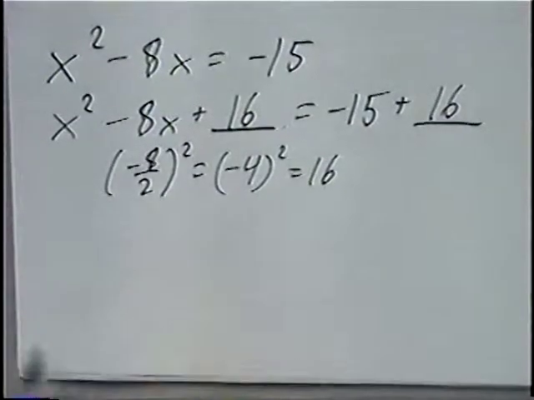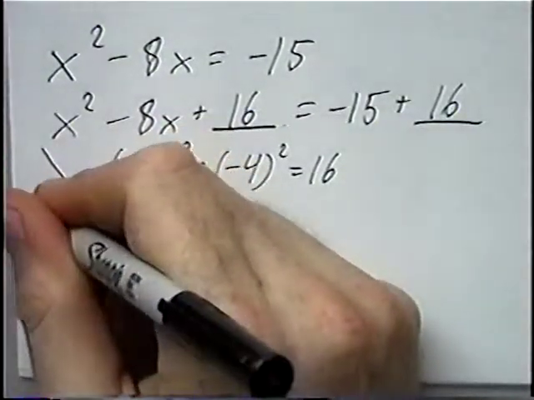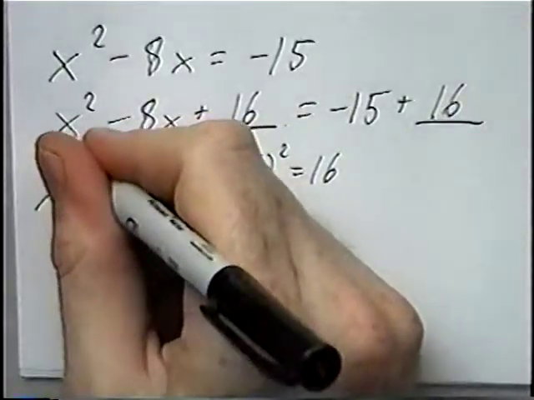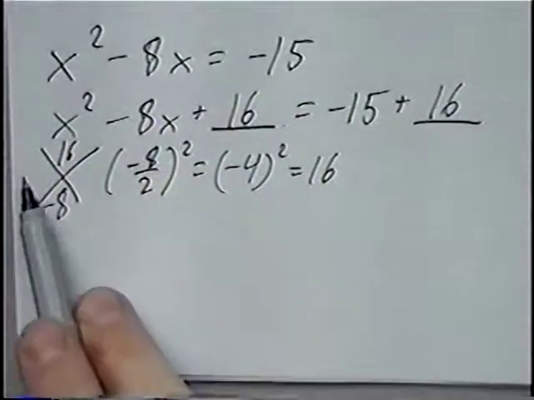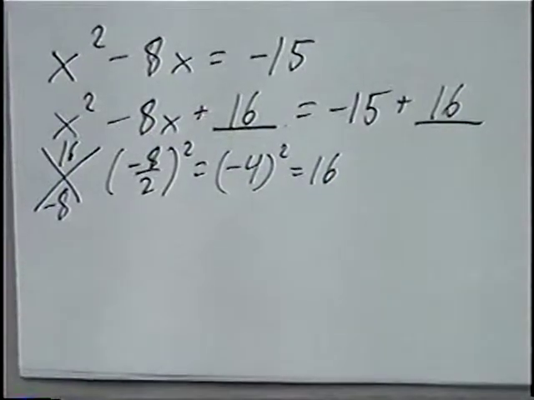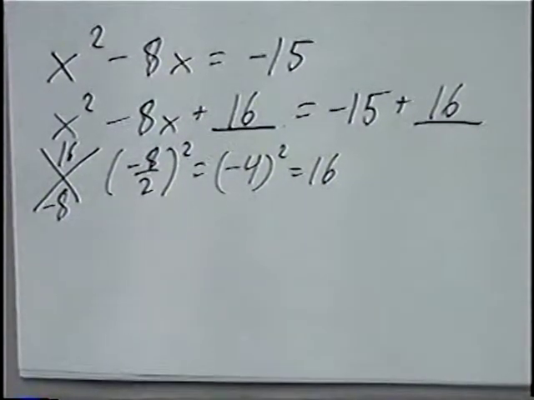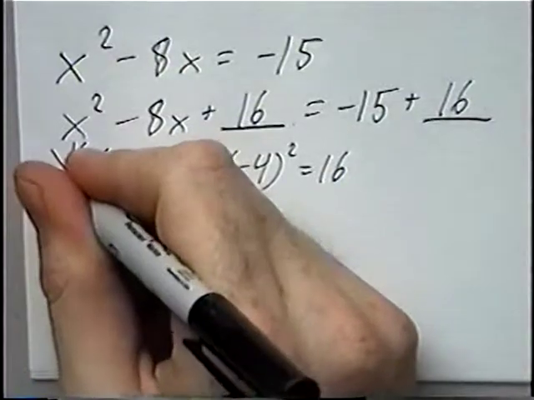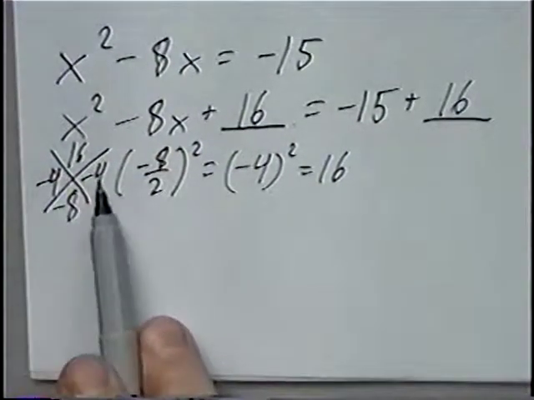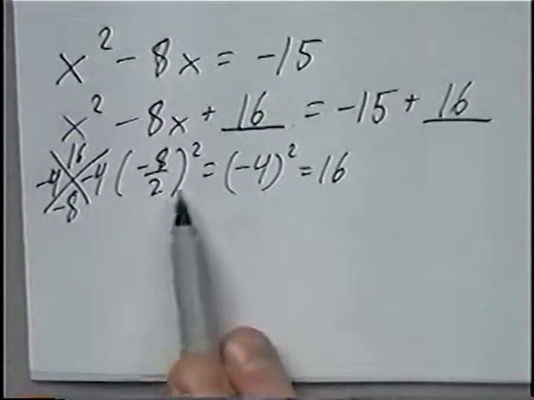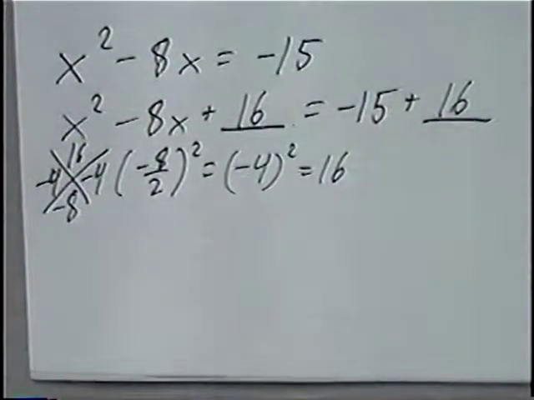Factoring, x squared minus 8x plus 16. 16 is what the numbers multiply to, and negative 8 is what they add to. Two numbers that multiply to get 16 and add to get negative 8 are negative 4 and negative 4. When you complete the square, the original b after you divide by 2 will always be the number in the solution.